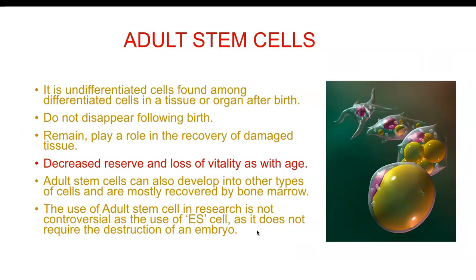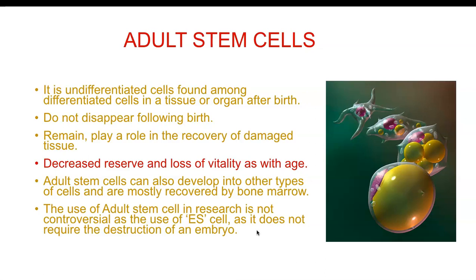Adult stem cells are undifferentiated cells, and they are found among differentiated cells in a tissue or organ after birth. They do not disappear following birth. They play an important role in recovery of damaged tissue. The only drawback with these adult stem cells is that there is a decreased reserve of these cells, and they lose vitality as age increases.